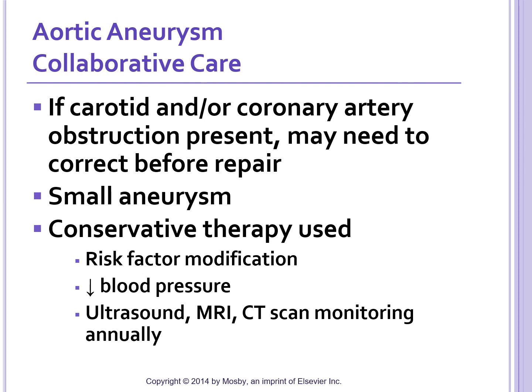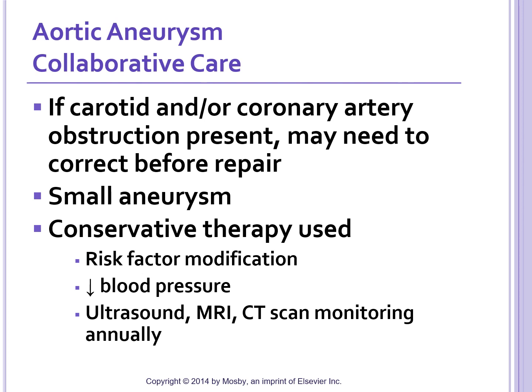So for the most part, conservative therapy consists of risk factor modification: smoking cessation, decreasing blood pressure, controlling our lipids, and then monitoring the size of that aneurysm and growth rate, either annually or sometimes biannually, or every 6 months.